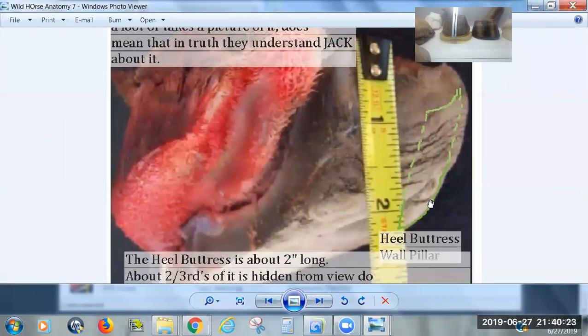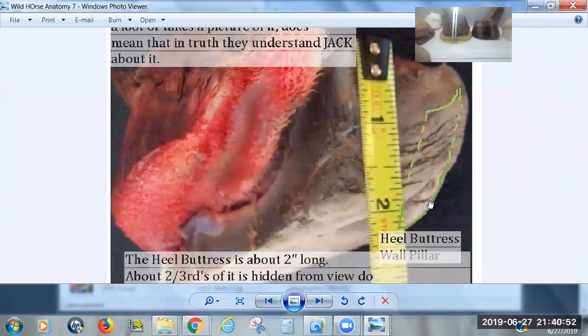So at what point do you allow the frog skin to grow? Well, when the heels are trimmed out and the heels are pulled way down and under, we allow the frog to grow. We just don't allow it to attach to the end of the heel, because if it does, it'll keep your foot from expanding.